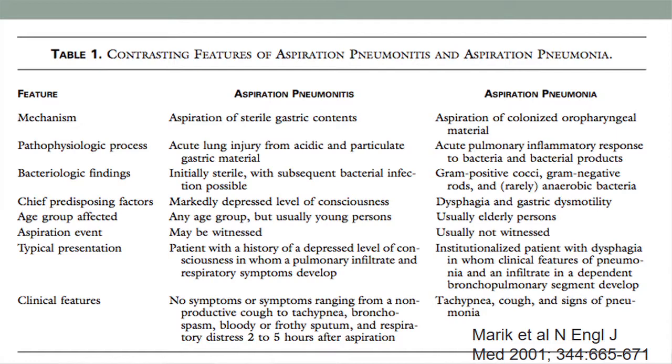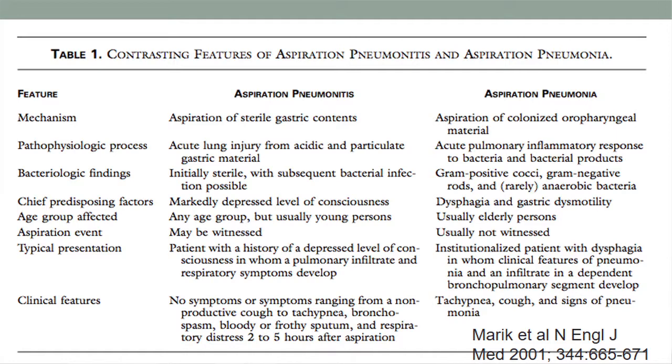In aspiration pneumonia, there's usually an acute pulmonary inflammatory response to bacteria and bacterial products. Bacteriologic findings in aspiration pneumonitis are usually sterile, with a subsequent possibility of bacterial superinfection. And in aspiration pneumonia, you usually have gram-positive cocci, gram-negative rods, and also anaerobic bacteria.